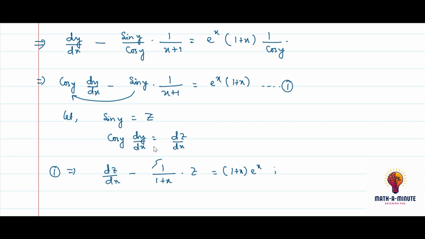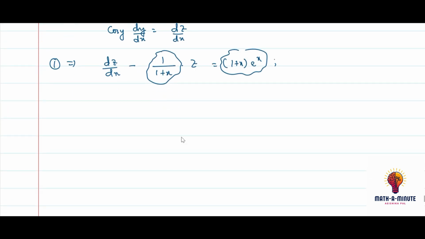Okay, where this is our p function and this is our q function. Okay, now it's very easy to calculate the integrating factor. So here the integrating factor will be e to the power minus integration 1 by 1 plus x dx. Okay, so it will be minus log of 1 plus x, and it will be 1 by 1 plus x.